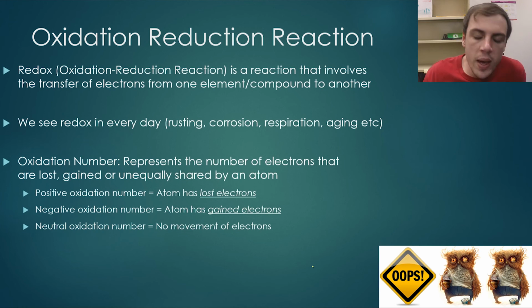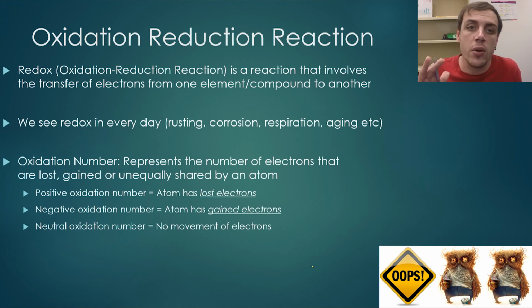So the thing you have to do to differentiate between the two, to see whether it's a redox reaction or a different kind of reaction, is look at the oxidation number. Look at the charges. Does the charge of a particular element change? If yes, then it's redox. Straight away, full stop. If there is no change in the oxidation number in a reaction, it is not redox. It's simple as that.